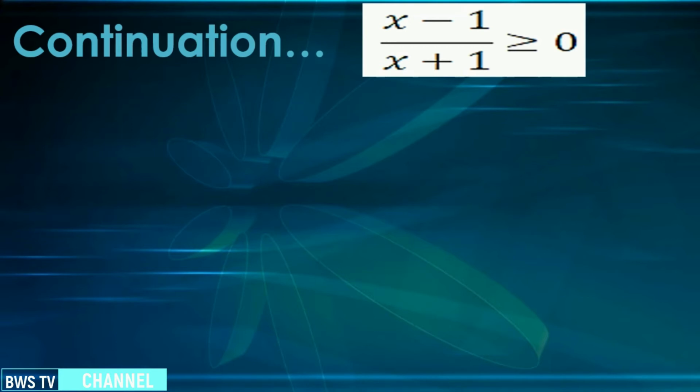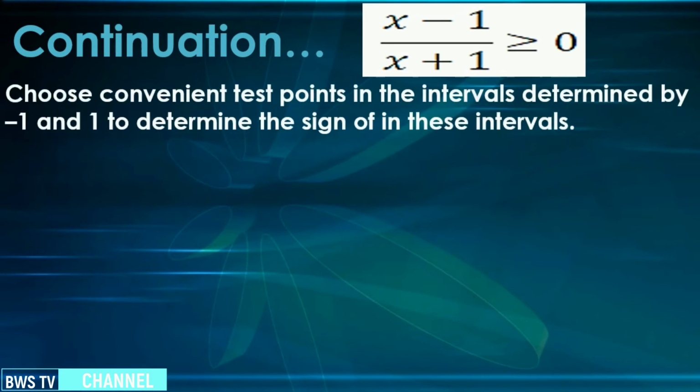In between positive and negative 1, is 0 included? That's what we need to test. So we need to test the points in the intervals determined by negative 1 and positive 1, so that we can be specific as to what are the values of x that will satisfy the given inequality.